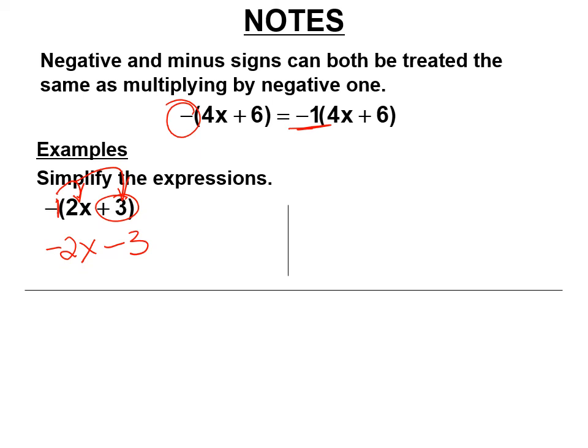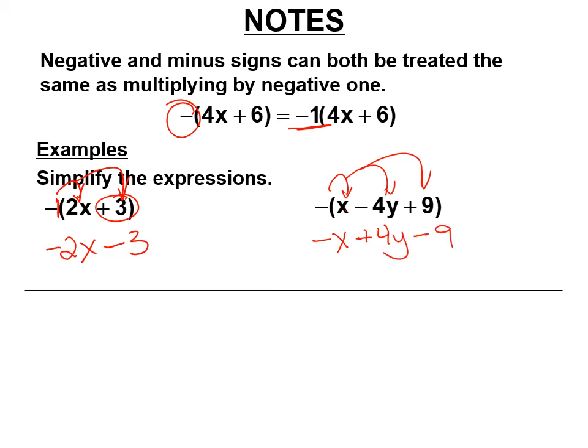Distributive property says a group is always multiplied by that number outside, the whole thing. Same thing here. So you're multiplying all of these, and you'll notice that everything becomes its opposite sign. So the x becomes the opposite of x, minus 4y becomes plus 4y, plus 9 becomes minus 9. It becomes its opposite.